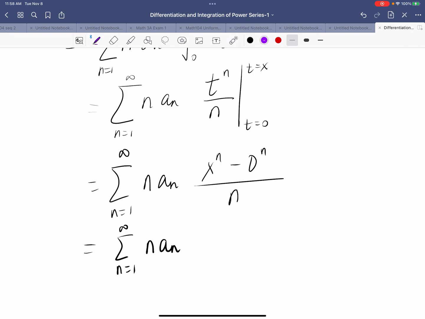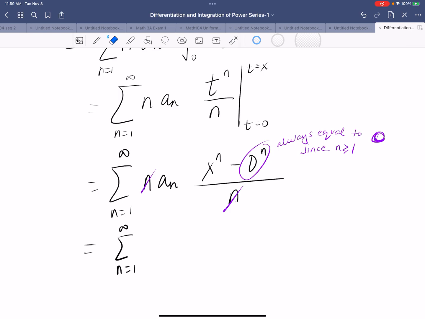Also notice that we have an n in the numerator and an n in the denominator. Those cancel out.